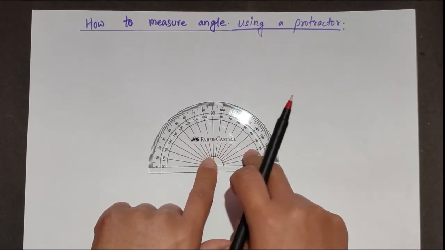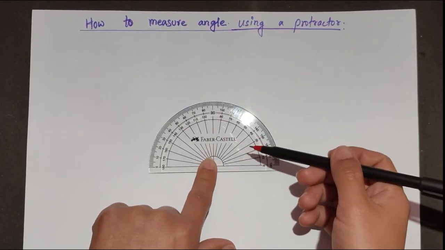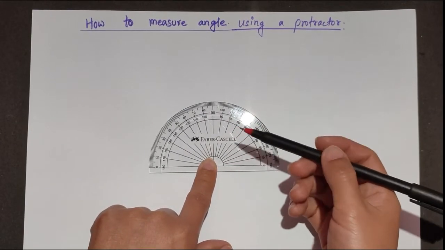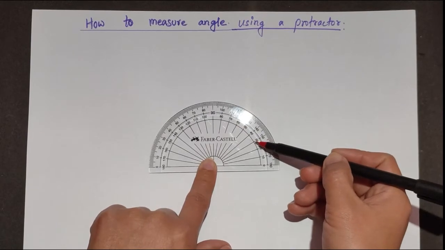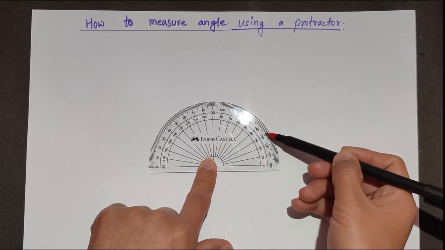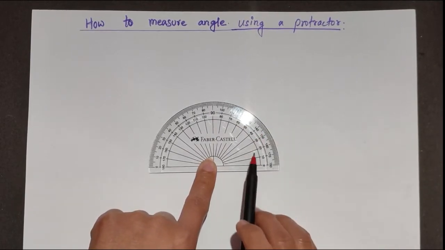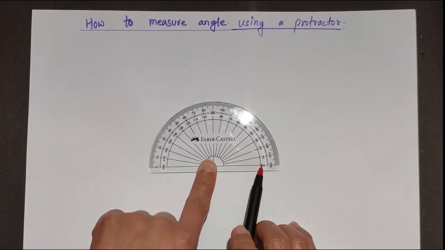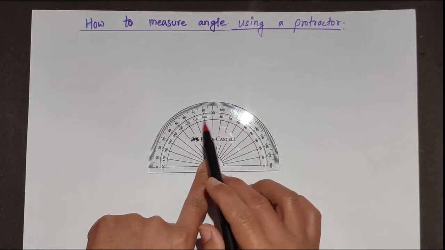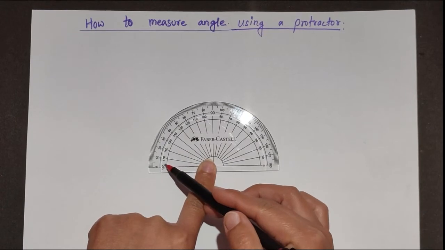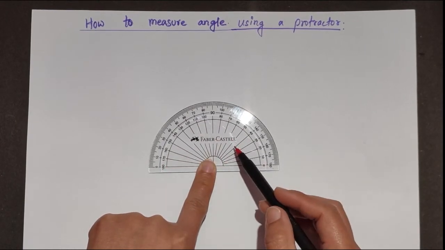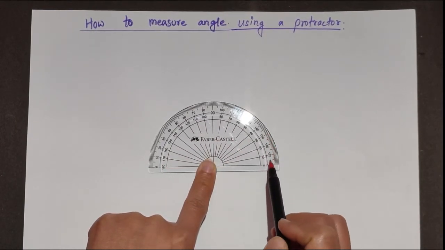Alright? So in a protractor, we have two scales, that is, the inner scale and the outer scale. So here in this protractor, the inner scale is this one. And then this is the outer scale.